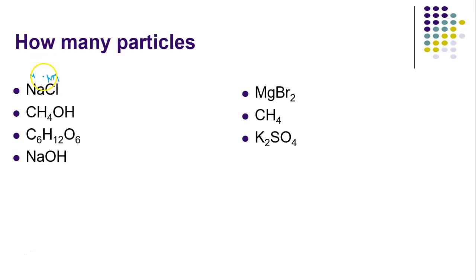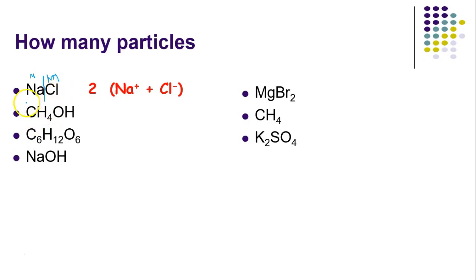I like to draw a line to figure that out between the metal and the non-metal. Remember that capital letter, lowercase letter, that's the element symbol, just one element symbol. And so here I have sodium plus chlorine, that's a total of 2 particles. It'll break down into sodium ions and chlorine ions.